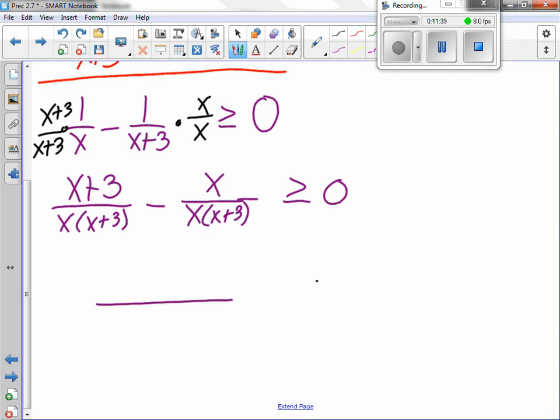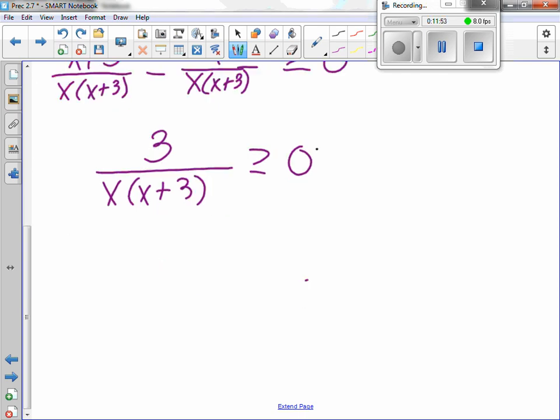Well, x minus x cancel out, yes? 3. Key points. Well, we don't have anything on top, do we? No, we just have 3, yes? So is there any way to make the numerator, the top of this fraction, 0? Well, no, I mean, I can't plug any values in. It's just 3, right?